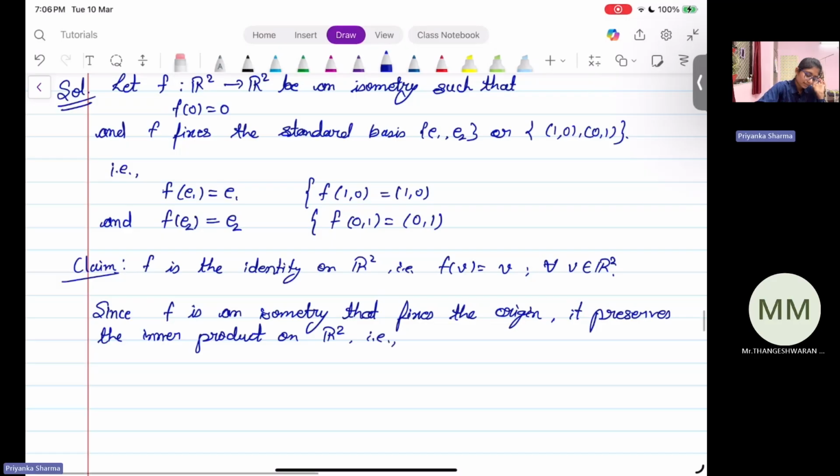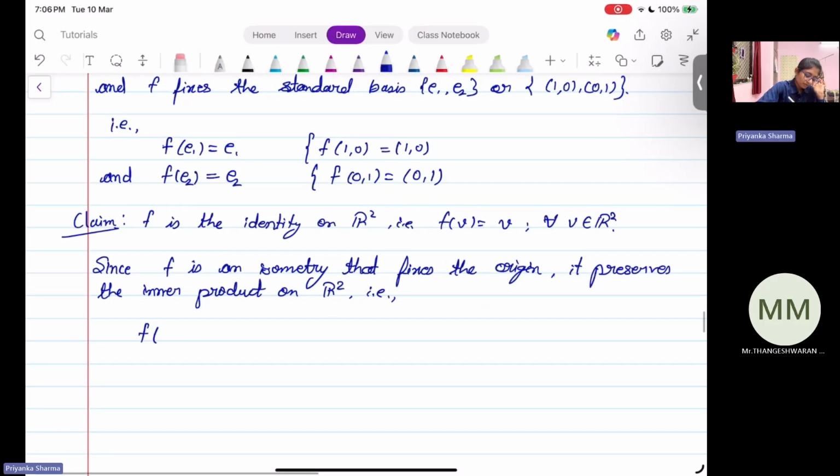That is, the inner product of Fu and Fv will be the same as the inner product of u and v for all u and v belonging to R square.